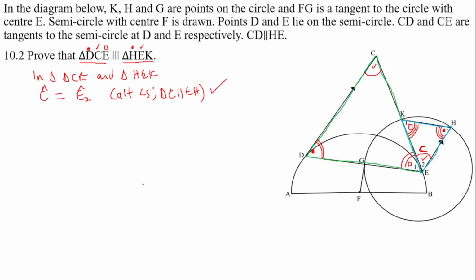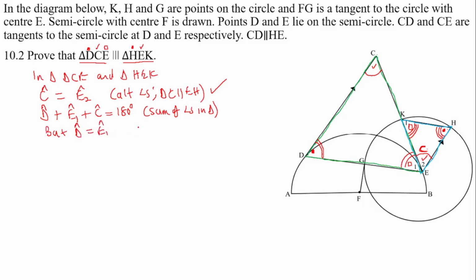So we're saying angle D plus angle E1 plus angle C, right? This is equal to 180 degrees, because sum of angles in triangle, isn't it? All right, but we're saying angle D is equal to angle E1.